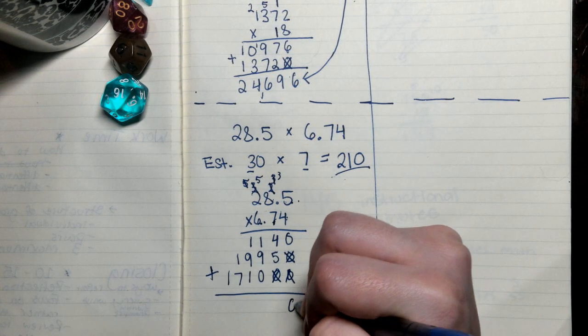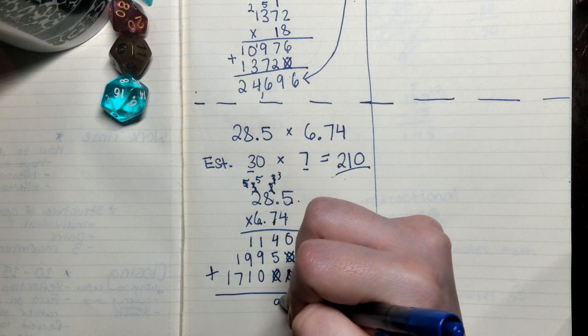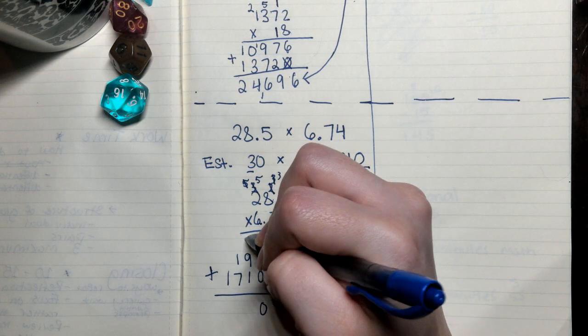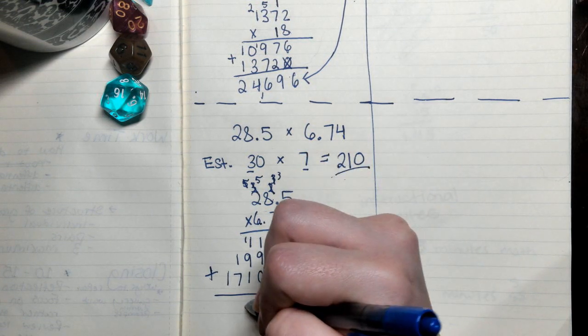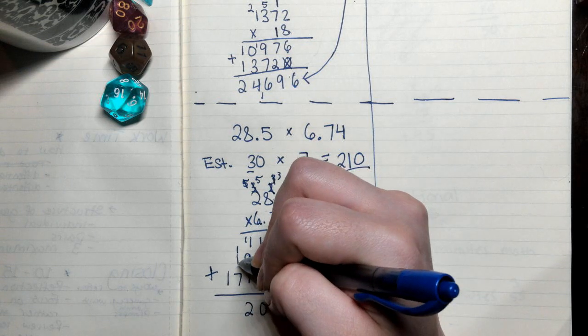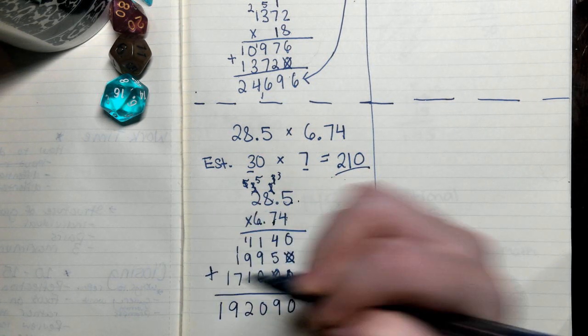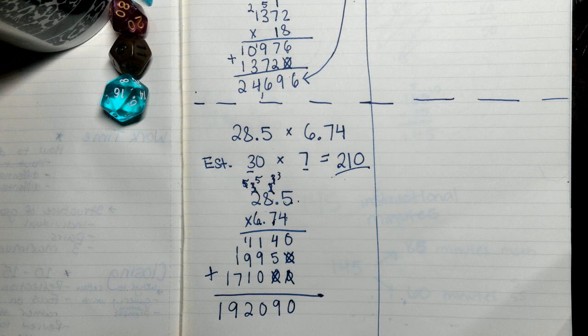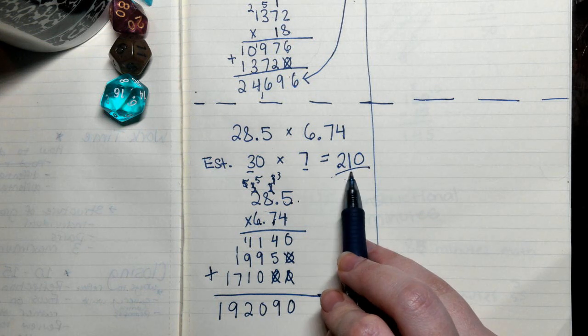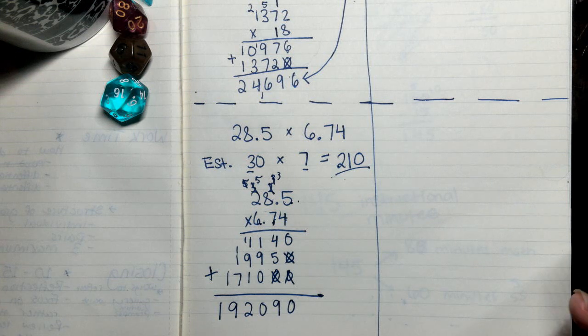Okay, add it all up. 0, 9, 2, 2, 2, 10, 12, 9. So yeah, that looks like 192,090. It's not. Look at our estimate, 210. Where could I stick a decimal that would get me somewhere around 210?